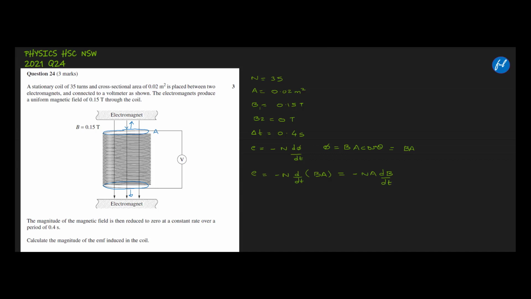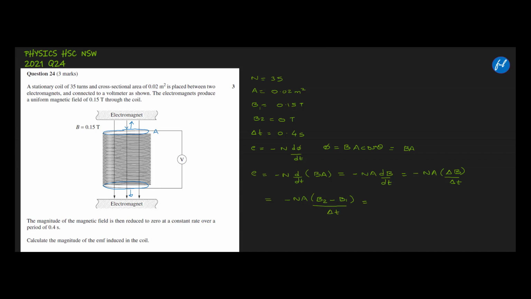And this can further be simply written as minus N A into delta B upon delta T. So therefore, this value will be equal to minus N into A into B2, final value of B minus B1, divided by the time difference given, delta T.